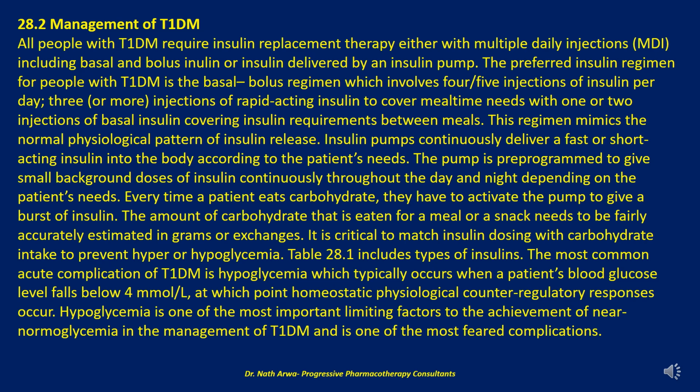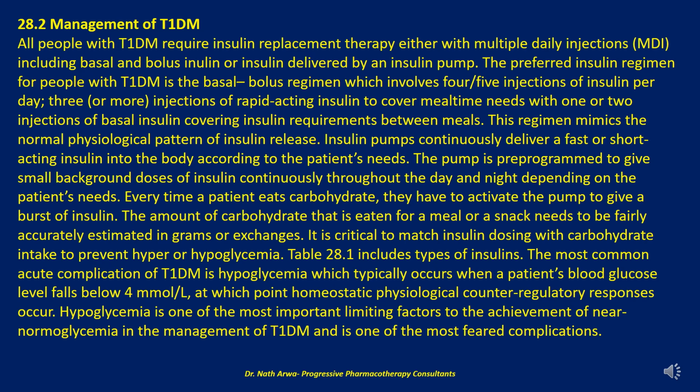The preferred insulin regimen for people with type 1 diabetes mellitus is the basal bolus regimen, which involves 4 or 5 injections of insulin per day, 3 or more injections of rapid-acting insulin to cover mealtime needs, with 1 or 2 injections of basal insulin covering insulin requirements between meals. This regimen mimics the normal physiological pattern of insulin release.